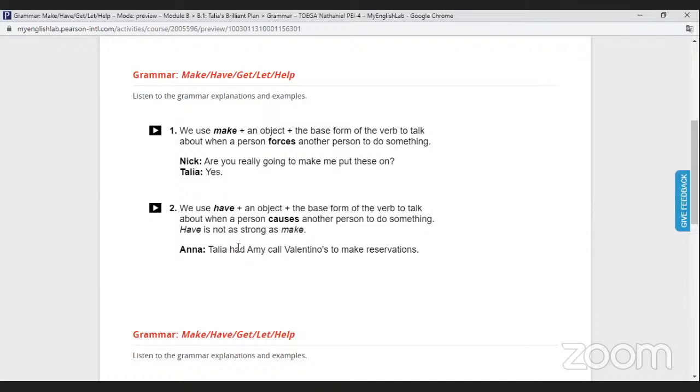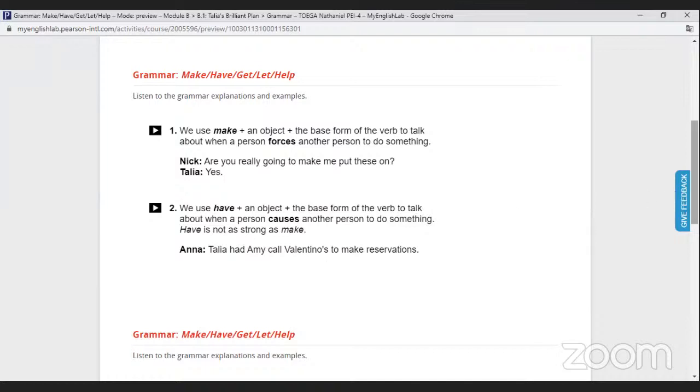So only write have or has when it's in the present, but had only when it's in the past.